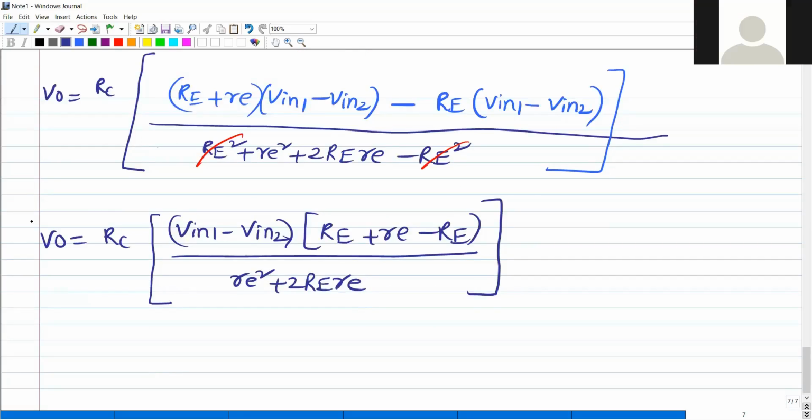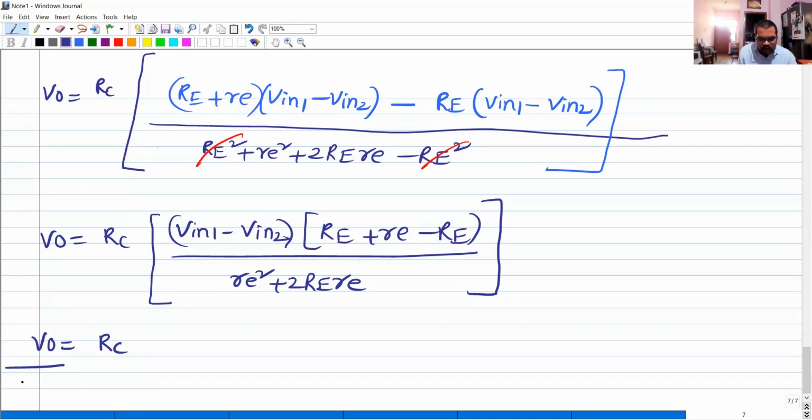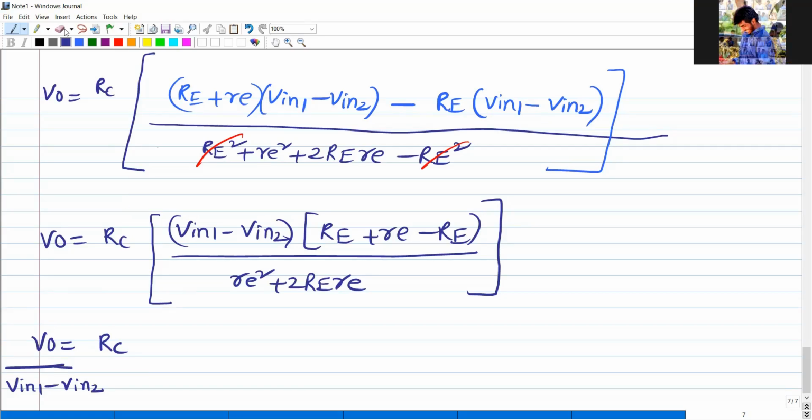Now V naught is equal to RC. Here I want to write V naught by this entire one, V naught by V in 1 minus V in 2, into RE plus RE, is equal to RC into.